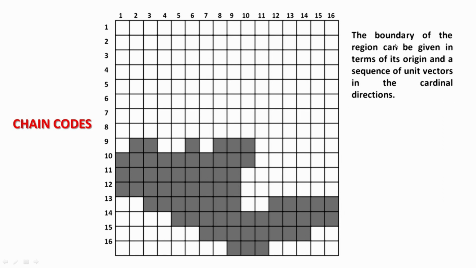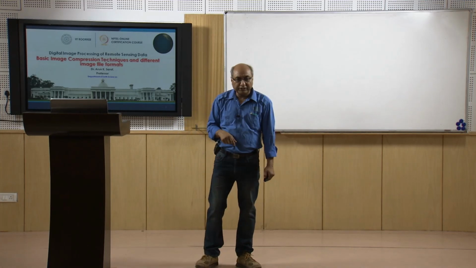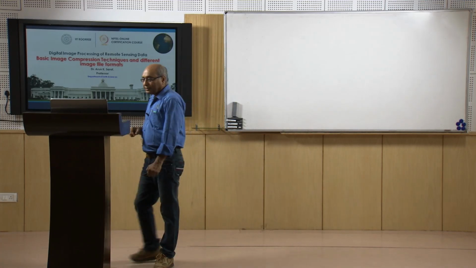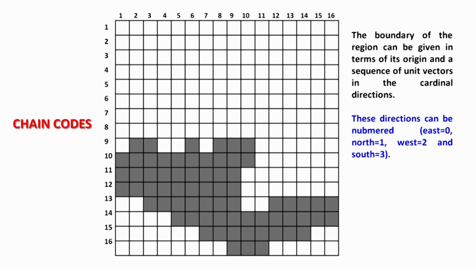The boundary of a region can be given in terms of its origin and a sequence of unit vectors in the cardinal directions. Cardinal directions means north, south, east, west, and we can code these directions by giving them numbers. In this example, going anti-clockwise, we give east 0, north 1, west 2 and south 3.